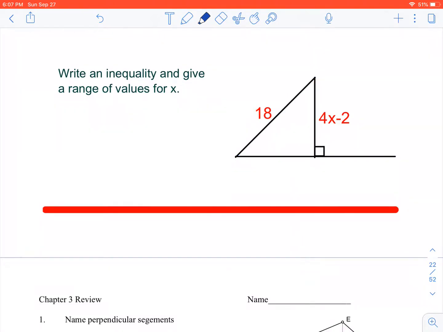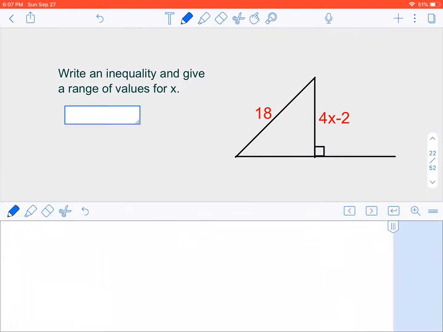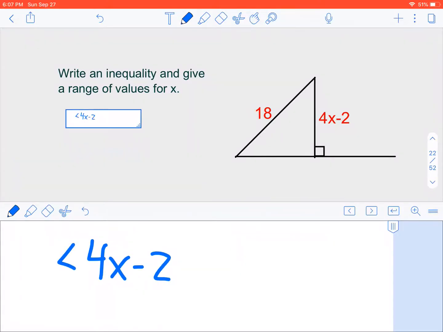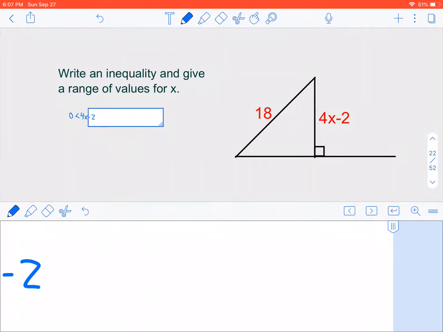That's a theorem. So we want to state that 4x minus 2, first of all, it has to be greater than 0 because the length of a side cannot be negative, so it has to be at least greater than 0. But it also has to be less than 18.